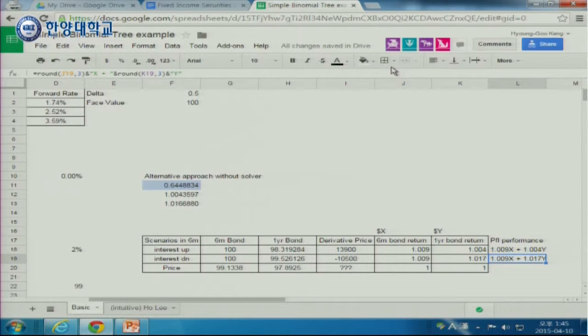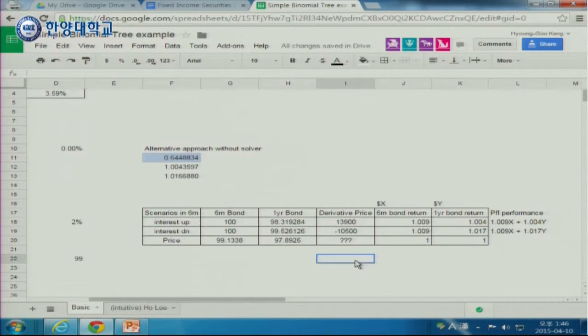If we think of everything in terms of matrix algebra, then we can regard this as a matrix, and multiplying this matrix by X, Y makes it equal. So if I multiply the inverse matrix of this one with this one, we can get X and Y. So let's calculate the inverse matrix.